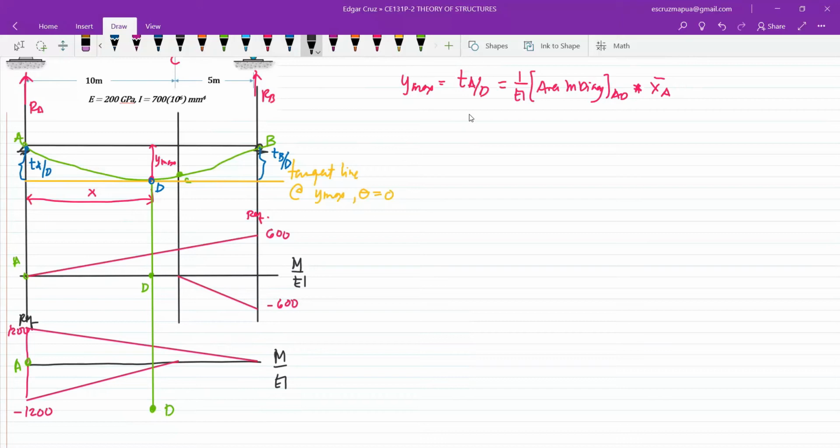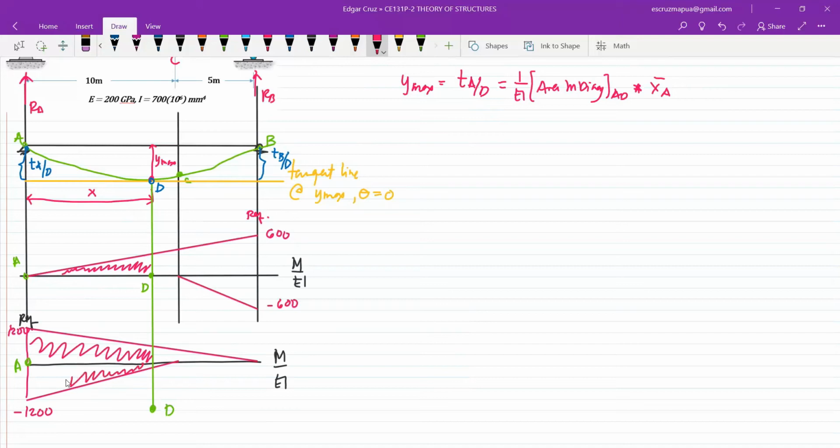Pagka sinosolve natin yung deviation AD, so yung area natin na i-consider pagka itong first diagram is ito lang. Isang triangle lang. Pero kapag yung second moment diagram ang gagamitin natin, ang area natin between A and D is trapezoid sa taas, tapos trapezoid din sa baba.